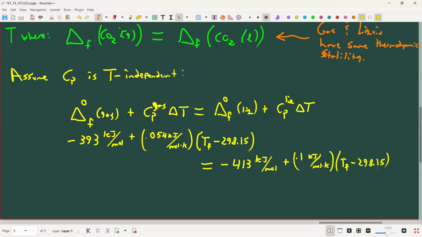Okay, so all we have to do is solve for T here. Right, just a little bit of algebra.